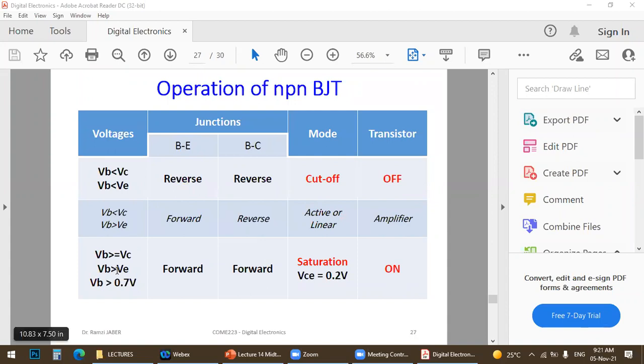For high voltage above 0.7 volt, the transistor is in saturation mode, and we have VCE equal to 0.2 volt always, so the transistor is on. When the voltage is between 0.5 and 0.7, it is in linear mode or active mode, and the transistor acts like an amplifier.